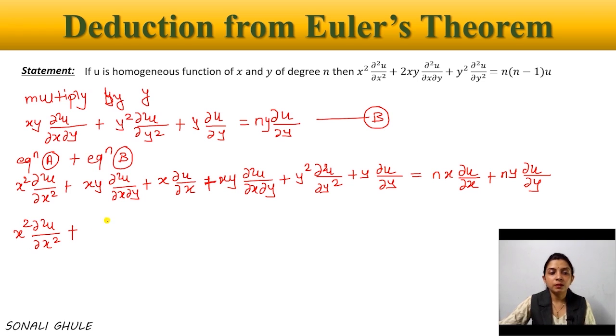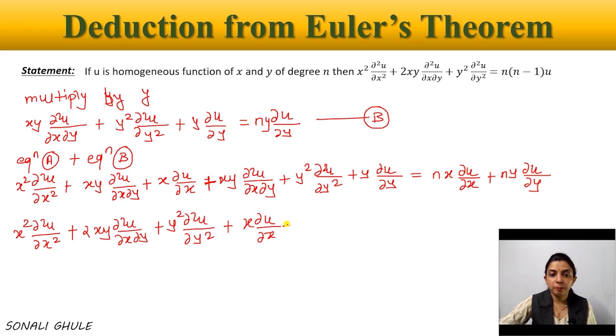There are two terms, so I can write here 2xy ∂²u/∂x∂y plus y² ∂²u/∂y² plus, now this term we can write x ∂u/∂x plus y ∂u/∂y, that is equal to, now from the right hand side of this equation, what can I find common?